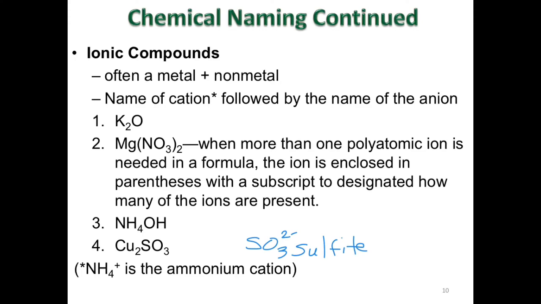So the 2 coppers have to sum up to +2. We're going to divide that by 2 because there are 2 coppers, so each one is +1. So we have Cu+ and Cu+ with the sulfite, so this is copper(I) sulfite.